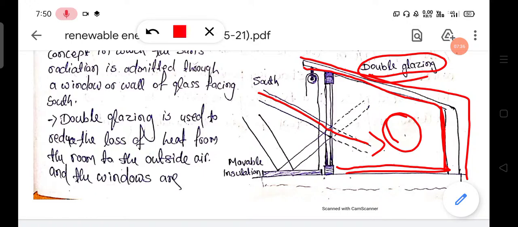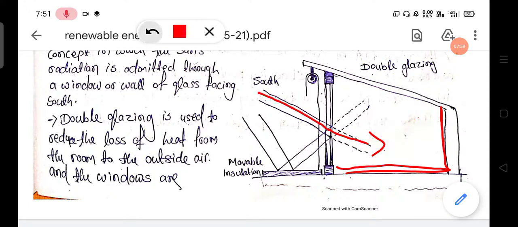Then in daylight, in daytime, this radiation directly, here there is no heating devices, sorry, there is no storing devices or indirect converting devices.